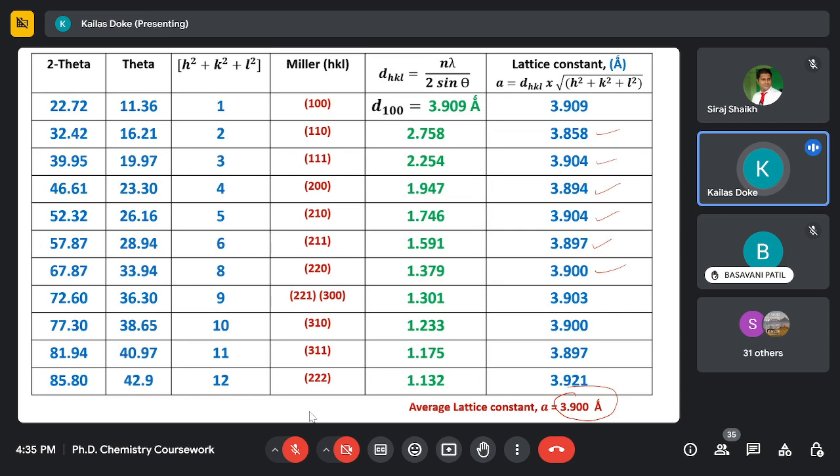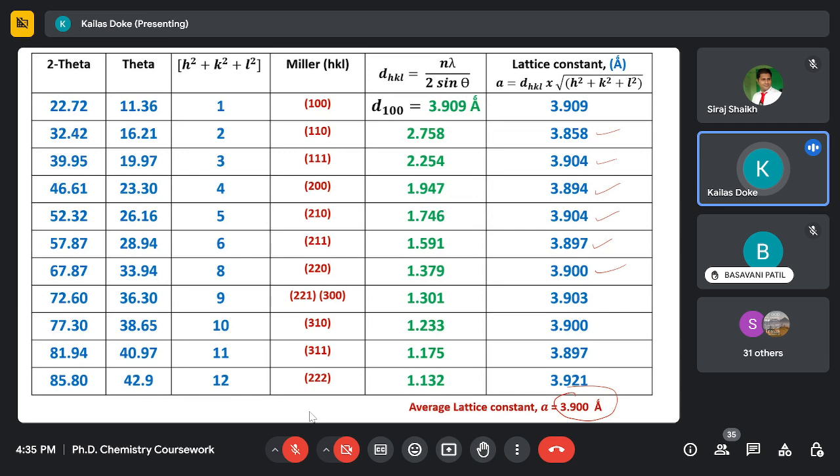And from the previous calculation, from this sequence of h square plus k square plus l square, we found the cubic crystal is a simple cubic lattice. So we got a lot of information about the sample strontium titanate, which we analyzed in that research paper on nanoparticles.